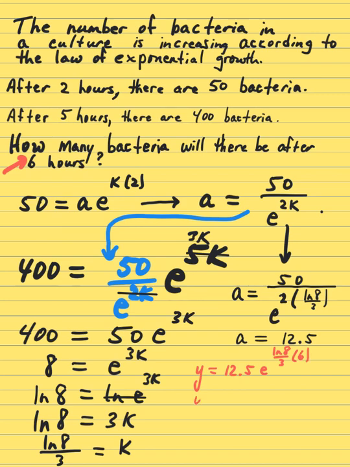Okay, so that's y equals 12.5 e to the 2 times natural log of 8. Just be careful typing it in. 12.5 second ln, 2 ln 8. Make sure 2 ln 8 is the power of e, and hit enter, and I get 800 bacteria.